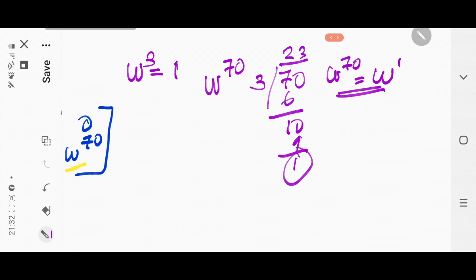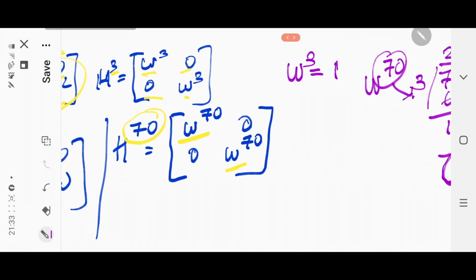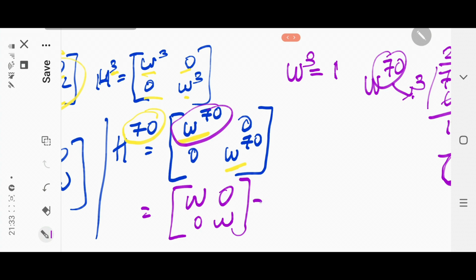In the previous lecture, I explained how to find the higher powers of omega. When 70 is divided by 3, the remainder is 1. Therefore, omega raised to 70 is equal to omega raised to 1, which is omega. That means omega 0, 0, omega. What is that? It is the matrix H.